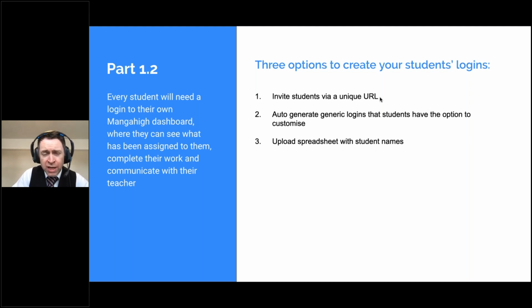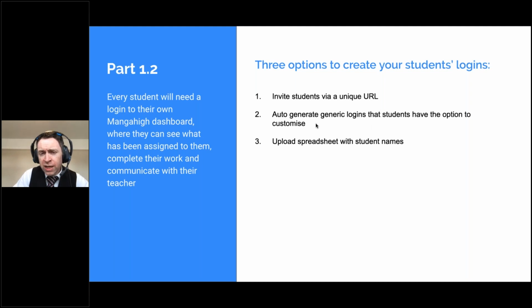They can write that down and they know then how to log in. You haven't had to communicate with them individually to send out a different login to every student. You just send the same link to everyone, or maybe you put the link on your school's website. That's one option. That's by far the simplest option. And that's been very popular.